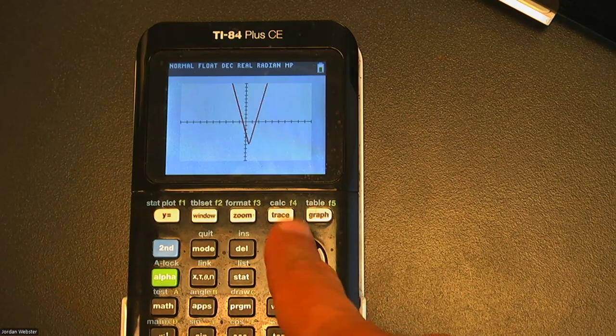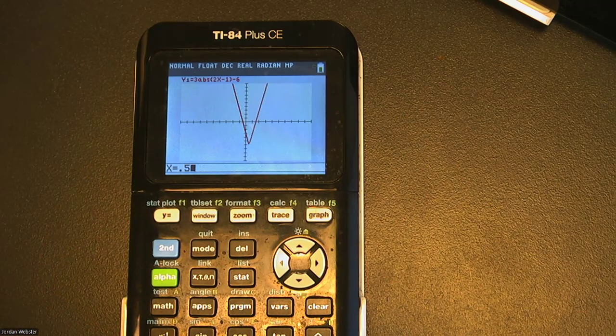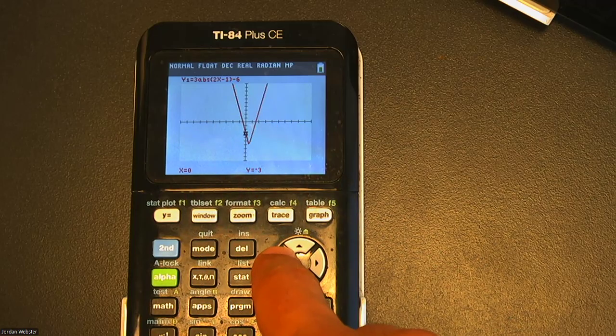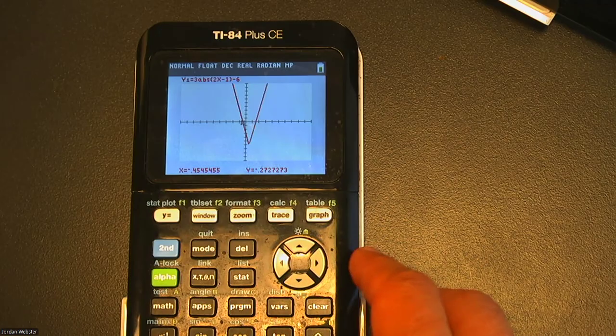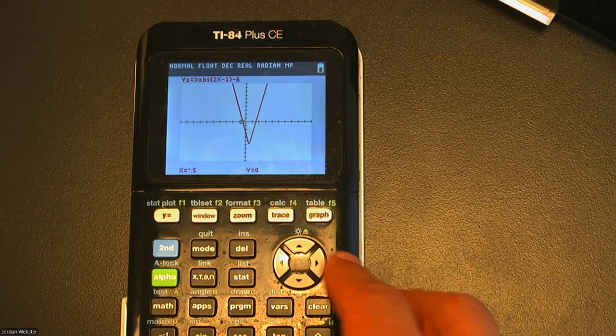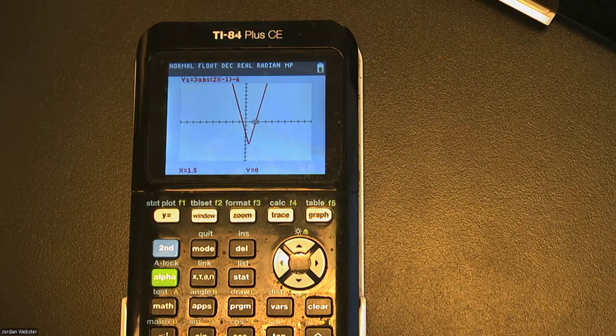And then you can see what's happening. Notice, again, like I said, that vertex, that very bottom point, is a half, comma, -6. You can see 0, -3 there. You can see -0.5, 0. You can see 1.5, 0. All that kind of good stuff.